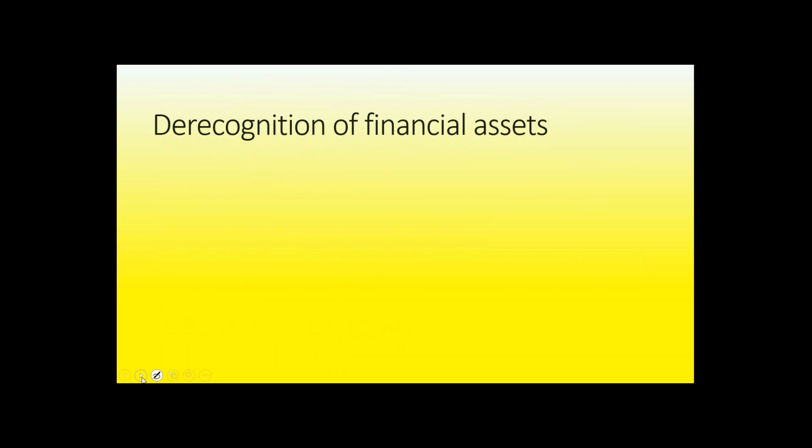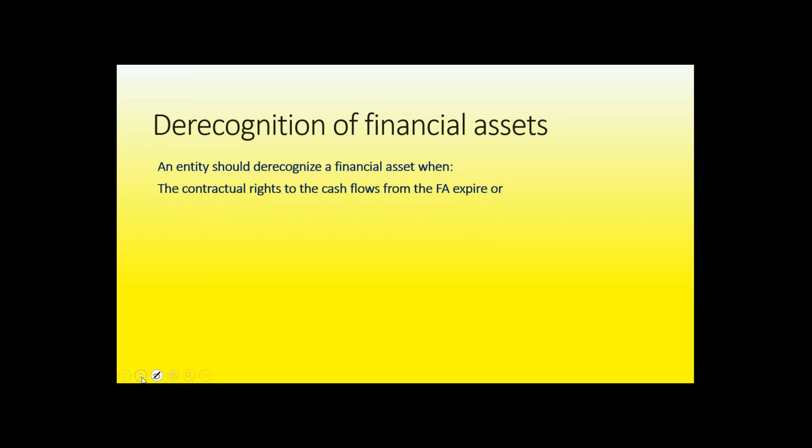Then we come to another area, derecognizing of a financial asset. The moment your contractual rights are over, you must derecognize the asset. That is, you have invested in a held to maturity till 2020.